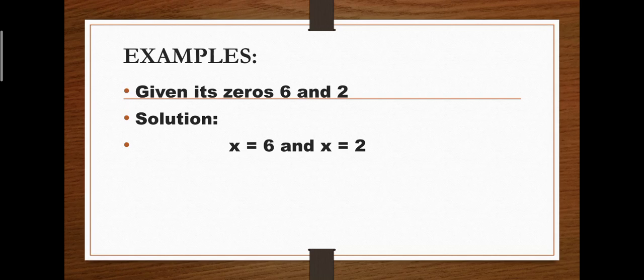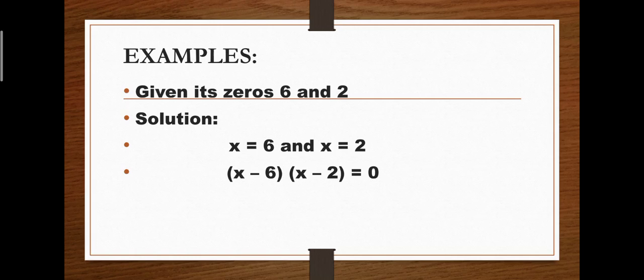So what we're going to do is we will transpose lang positive 6 to the left side and 2 to the left side. So magiging x, so from positive 6, magiging negative 6 siya, kaya naging minus 6. Then, wag mo nang kopyahin ng end, put lang parentheses kasi parentheses means multiplication.